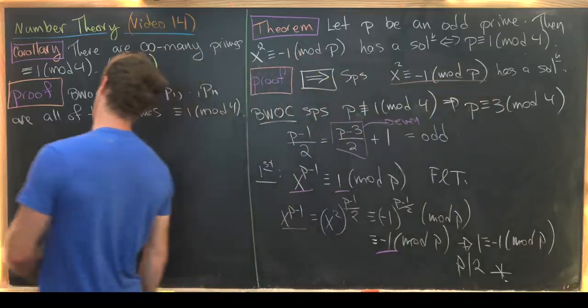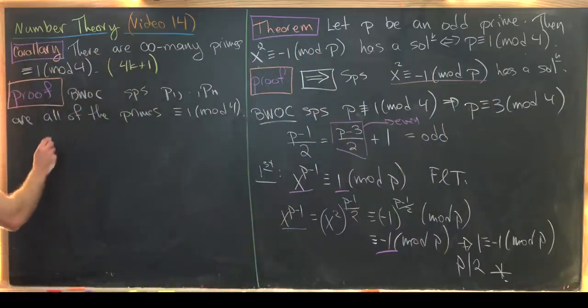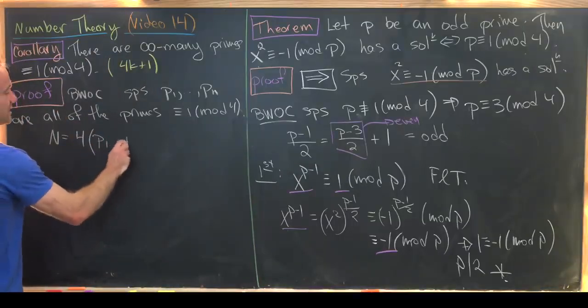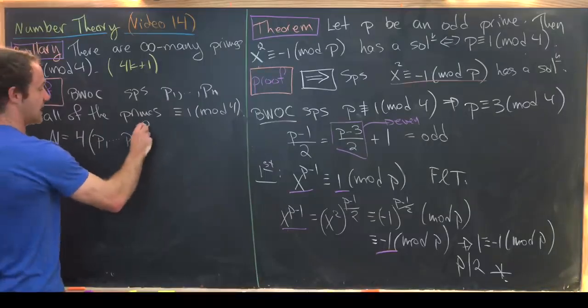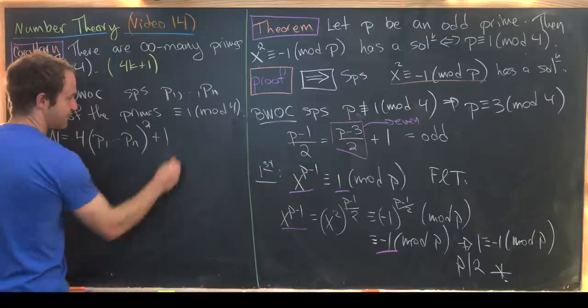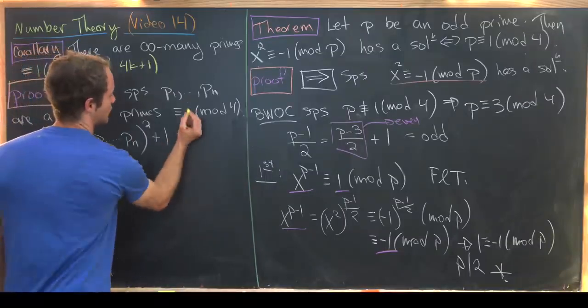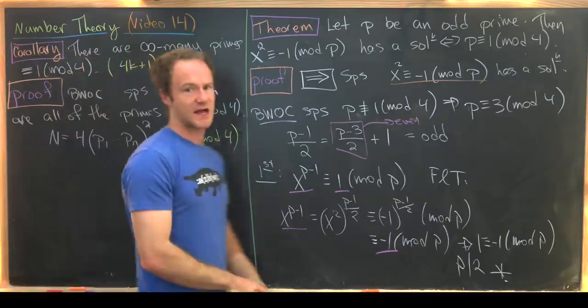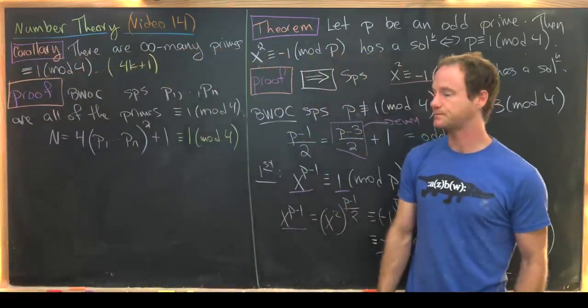So what number do we want to construct? Well, it's as follows. I'll call it capital N again, and it will be equal to 4 times the product P1 to Pn, squared, and then plus 1. So let's point out that this is congruent to 1 mod 4, just like all of our primes.